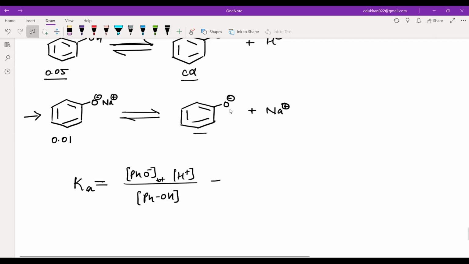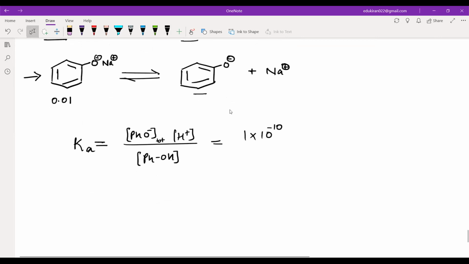Tell me guys, no problem. And this is equal to 1 into 10 to the power minus 10. That is given to us, right? Now, you guys tell me, will this salt be a strong salt or a weak salt? Will it dissociate completely or not? What do you think by looking at the charges?